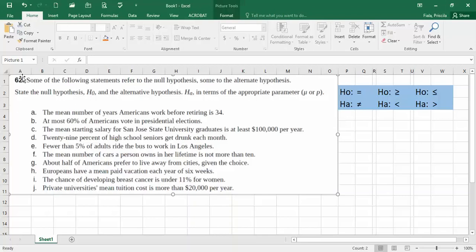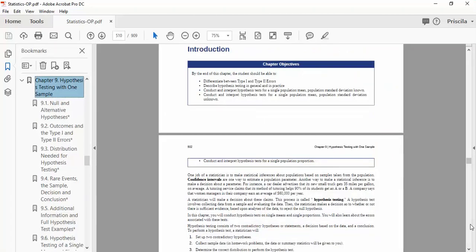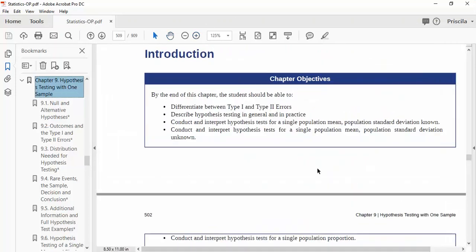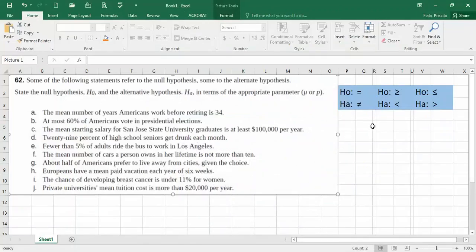Okay, so let's see. Some of the following statements refer to the null hypothesis, some to the alternative hypothesis. If we go to your book, you can see how they call them the null and alternative hypothesis. That's why you heard me saying alternative hypothesis.